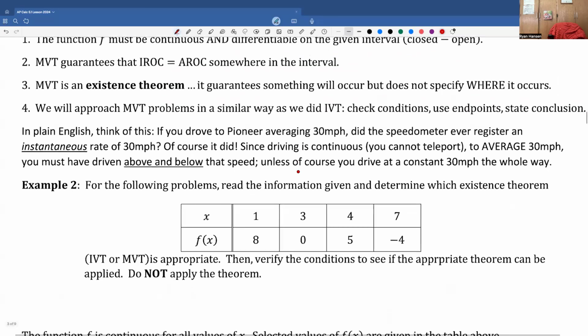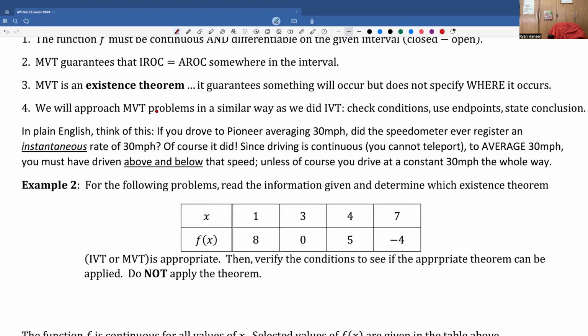So in plain English, think about this. If you drove to Pioneer averaging 30 miles per hour, did the speedometer ever register an instantaneous rate of exactly 30 miles per hour? 100%. It had to.